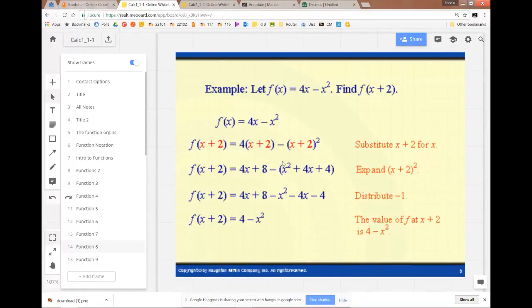Then we can actually compute, simplify, and we come up with stuff like this at the bottom. F at x plus 2 is 4 minus x squared. So substitution is incredibly important. We're going to be capitalizing on this function notation when I first show you how to do a derivative.